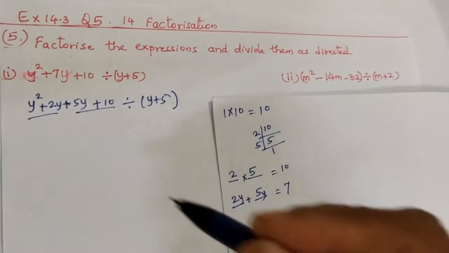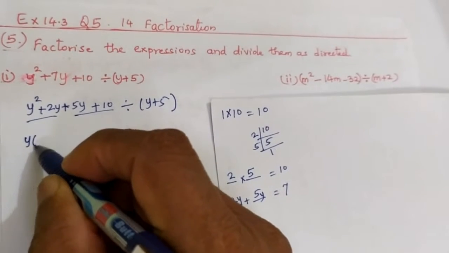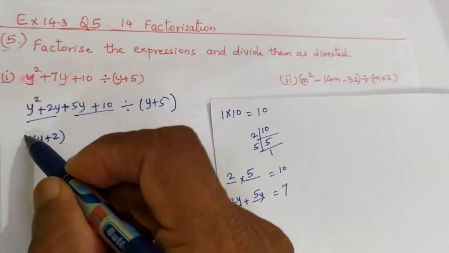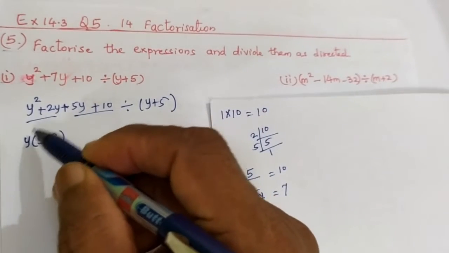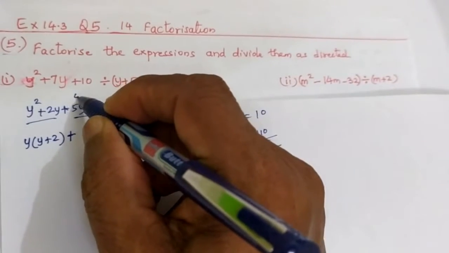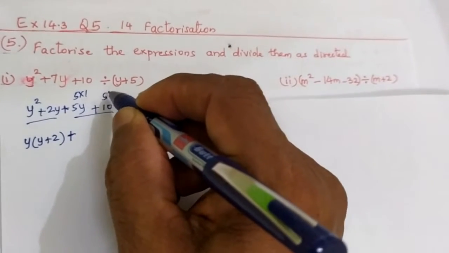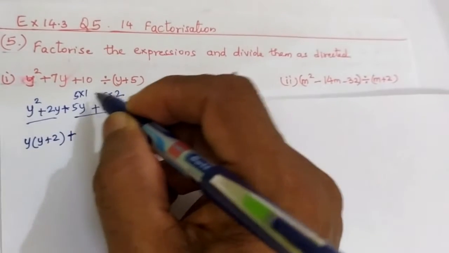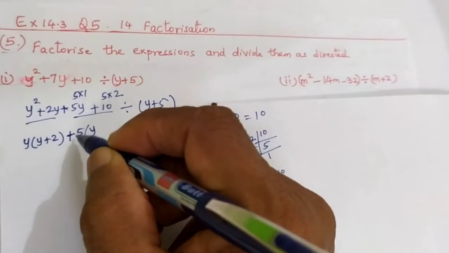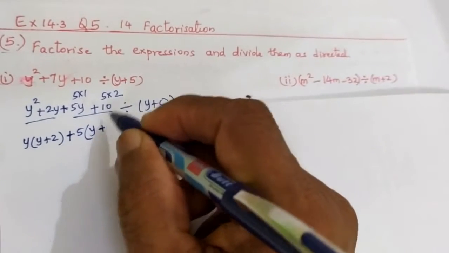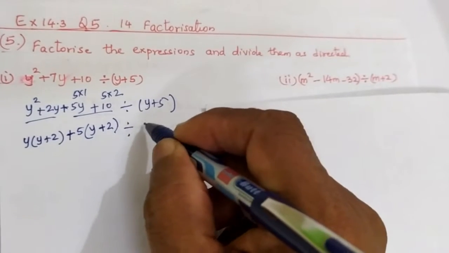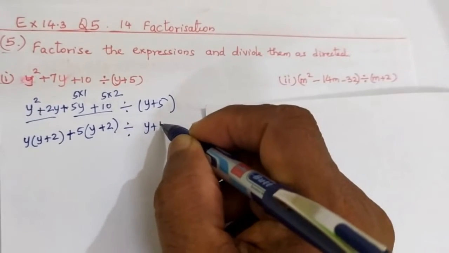So this will be y into y plus 2, since y is taken out and 2 is remaining, plus 5 ones are 5 and this is 5 into 2. Here we can see 5 is common at both places, therefore you take 5 out and 2 is remaining, divided by y plus 5.